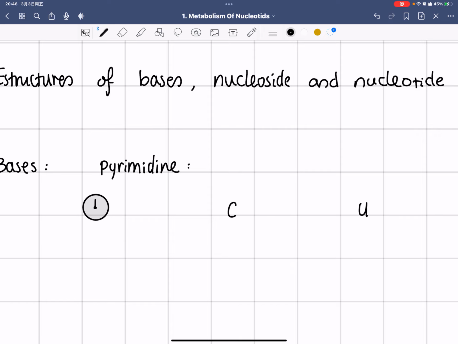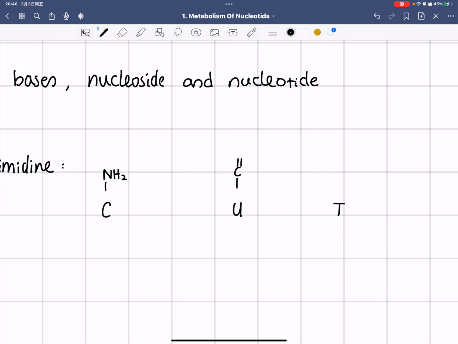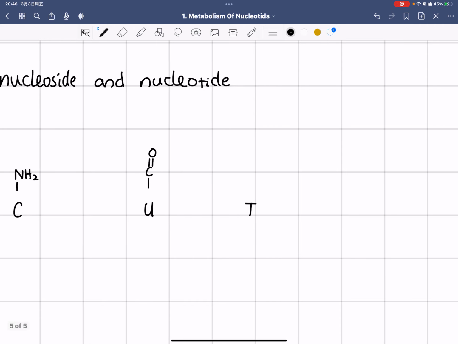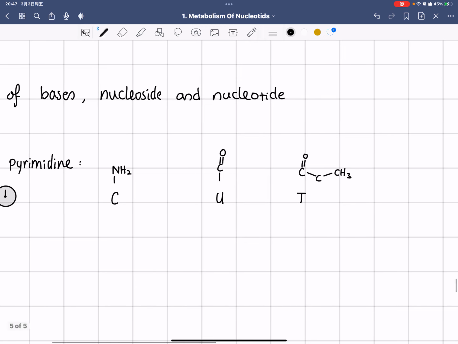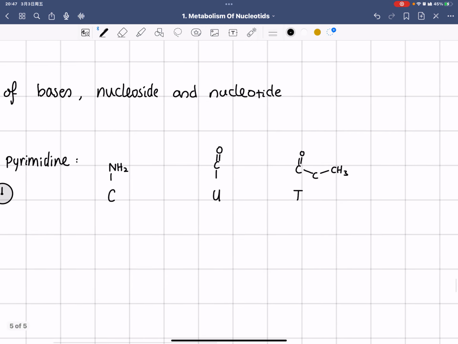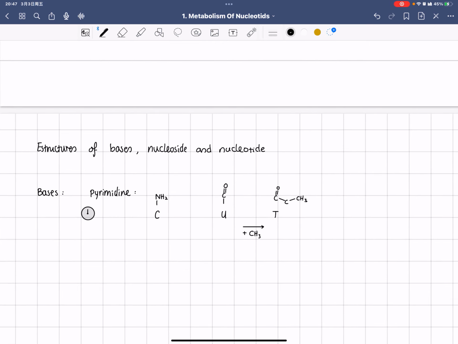You can find an amino group, a carboxy group, attached with a methyl group. So here you can tell that in order to form thymine from uracil, you need to add a methyl group. And we will talk about this later in the process of de novo synthesis of pyrimidine.